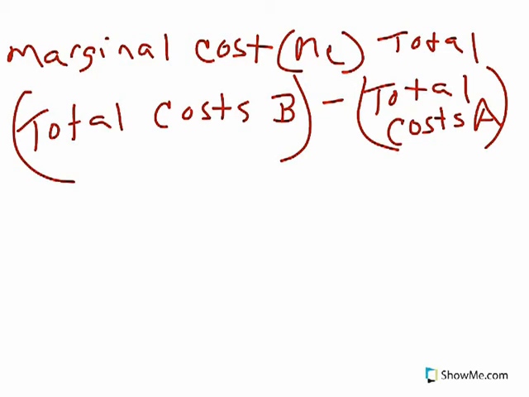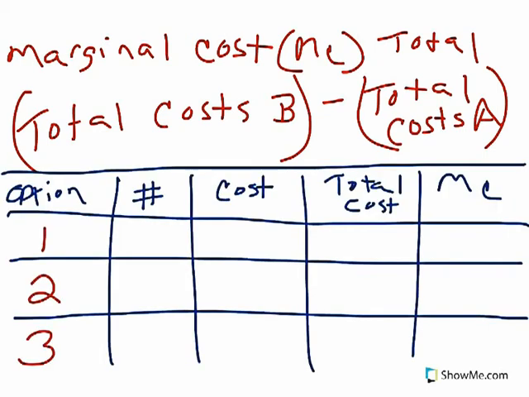It's simply taking the total cost of option B and subtracting the total cost of option A to get the marginal or extra cost from a production run. Let's take a look at this in practice. Let's say we have three options: option 1, option 2, option 3.